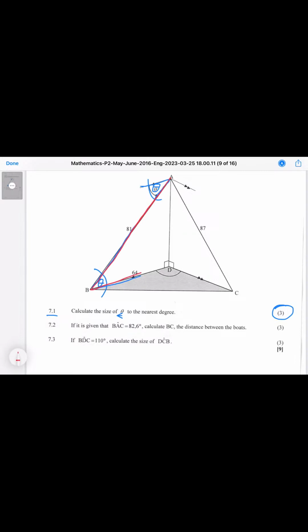So let's see. This is the triangle that has enough information. Most importantly, you realize that triangle ABD is a right-angled triangle, which means you can use your trig ratios, being cos, sine, or tan. It all depends on the information that you have.